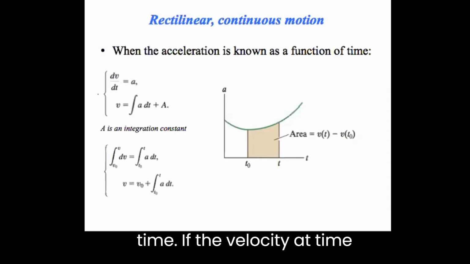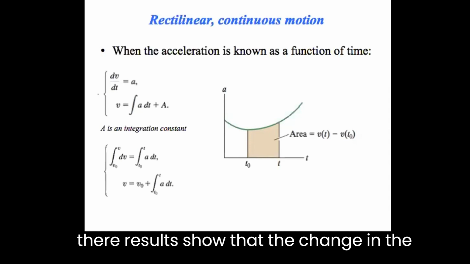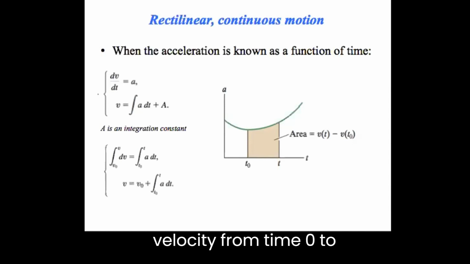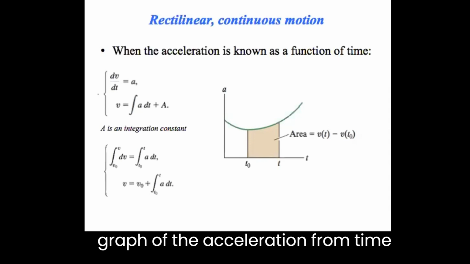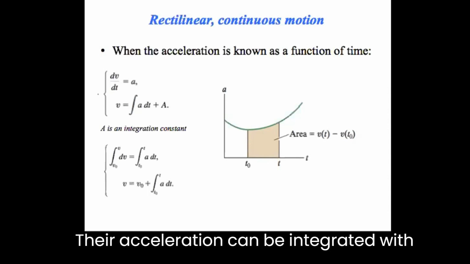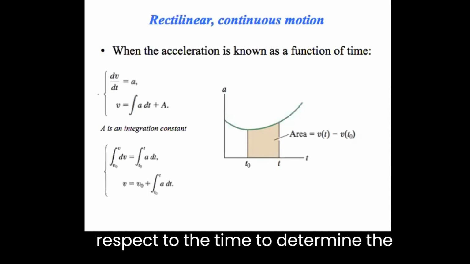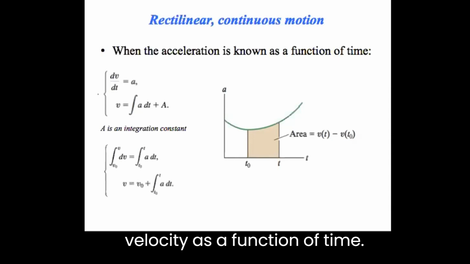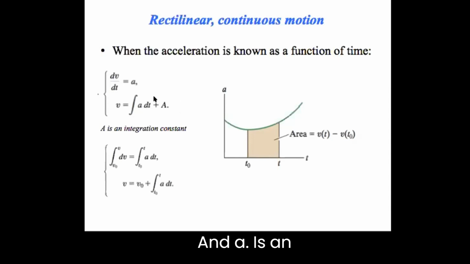If the velocity at time 0 is v0 and at time t the velocity is v, the results show that the change in the velocity from time 0 to time t is equal to the area defined by the graph of the acceleration from time 0 to time t. The acceleration can be integrated with respect to time to determine the velocity as a function of time, and v0 is an integration constant.